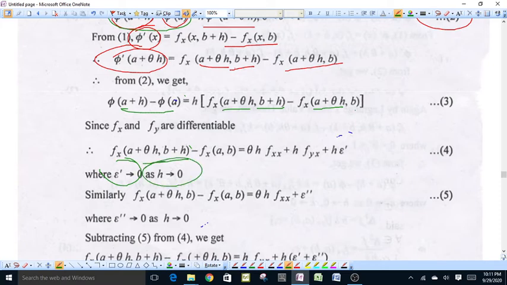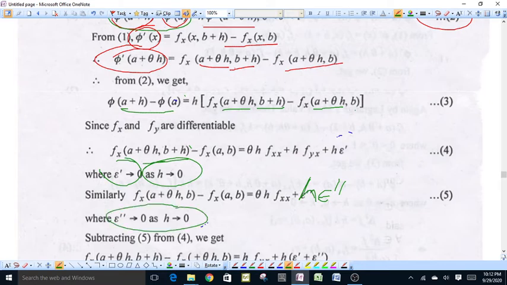Similarly, we can find fx(a + theta h, b) minus fx(a, b) comes out to be theta h fxx plus h into epsilon double dash, where epsilon double dash approaches 0 as h approaches 0.